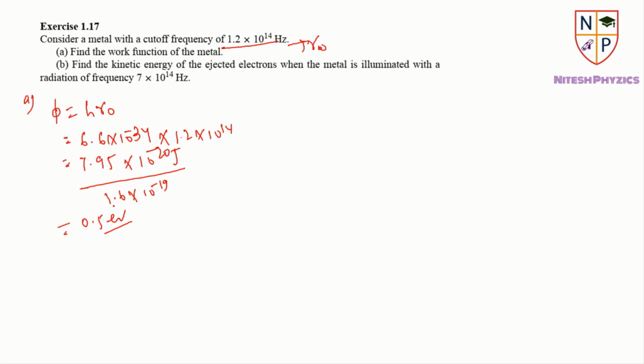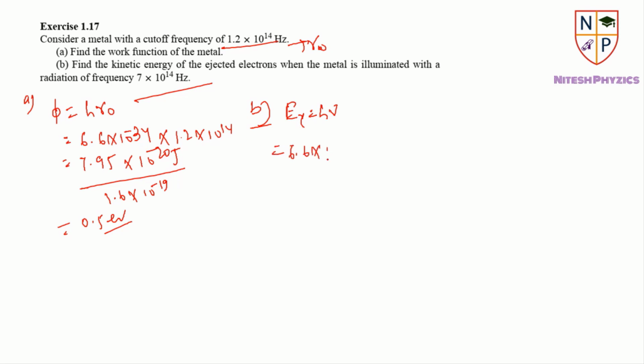Okay. Now next question, find the kinetic energy of the ejected electron when the metal is illuminated with a radiation of frequency 7 into 10 power 14 hertz. Moving towards part B. As we know, the energy of the incident light from Planck constant, E, is given by h nu. Now calculate with the given frequency 7 into 10 power 14 hertz.